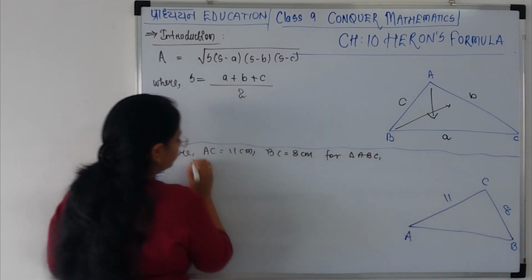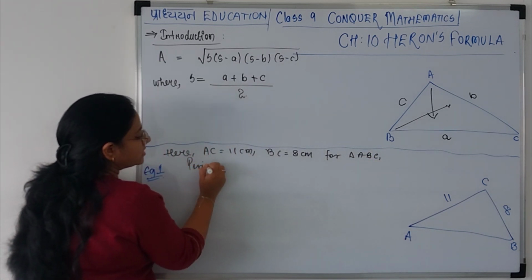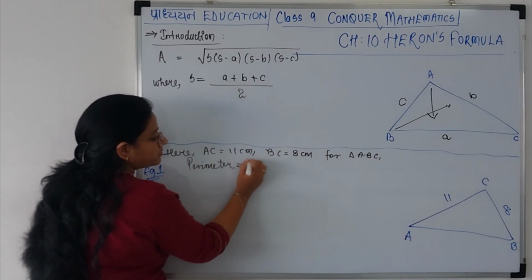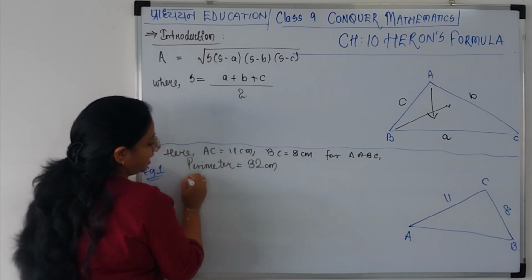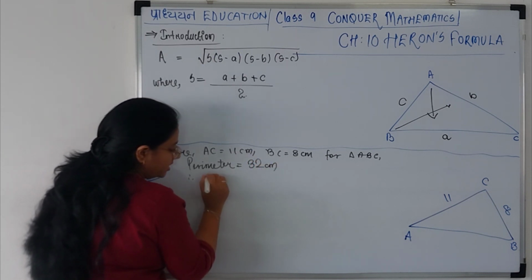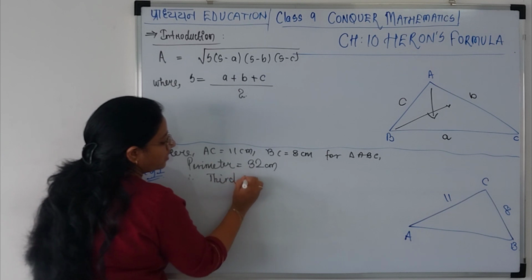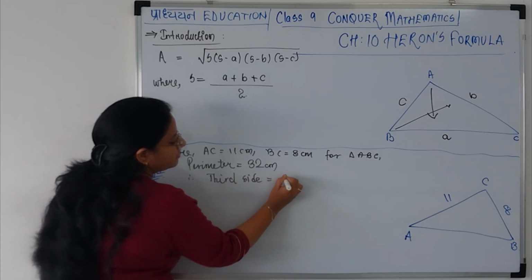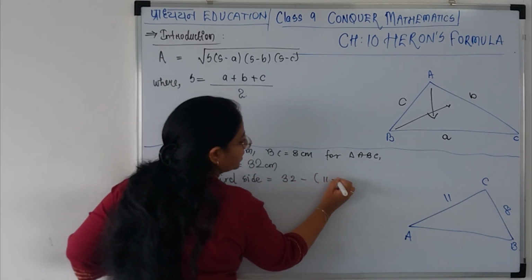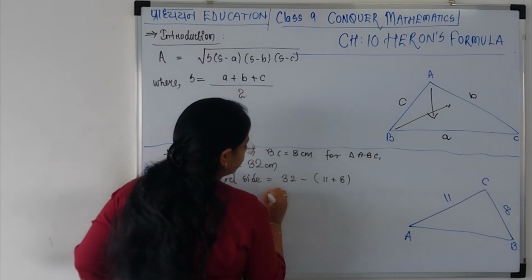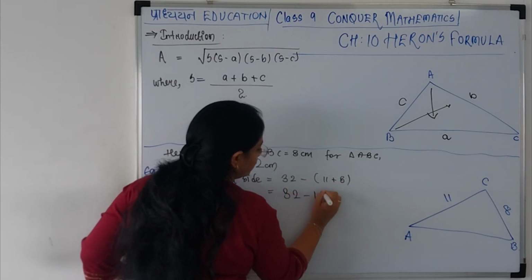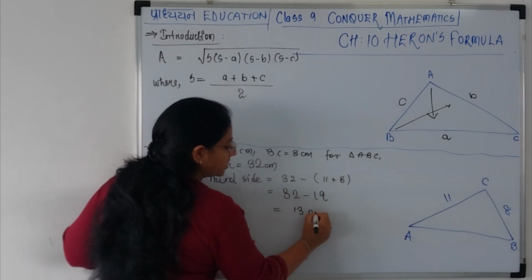And the perimeter is 32 centimeters. Therefore, can I say that the third side is the perimeter minus the sum of the remaining two sides, that is 32 minus 19, which is nothing but 13 centimeters.